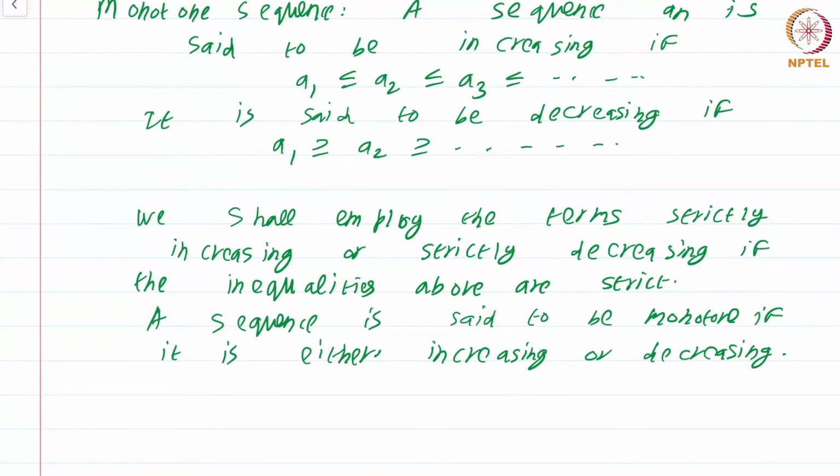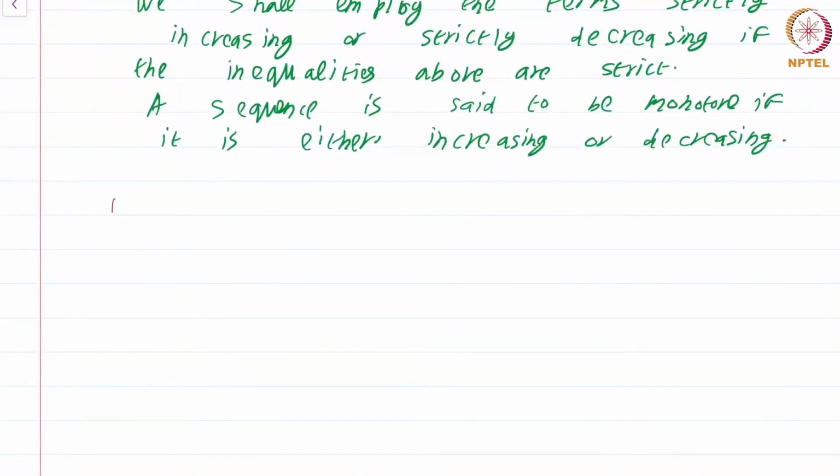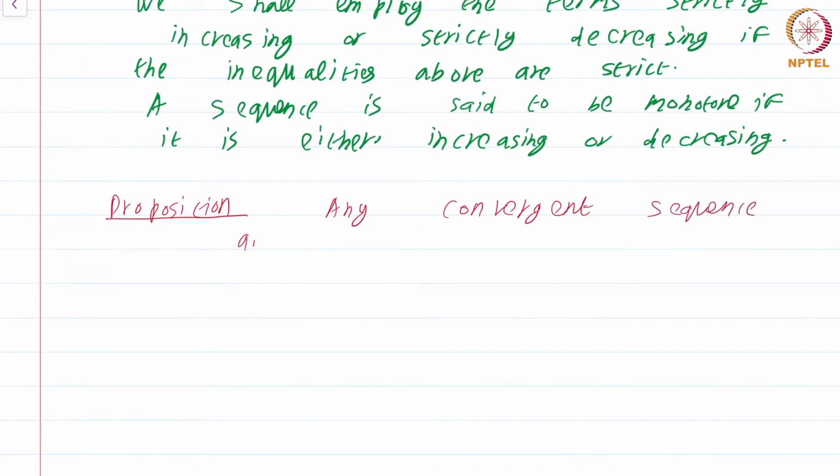Okay, so now we have a very simple proposition about convergent sequences. Any convergent sequence A_n is bounded, and the proof is very easy.